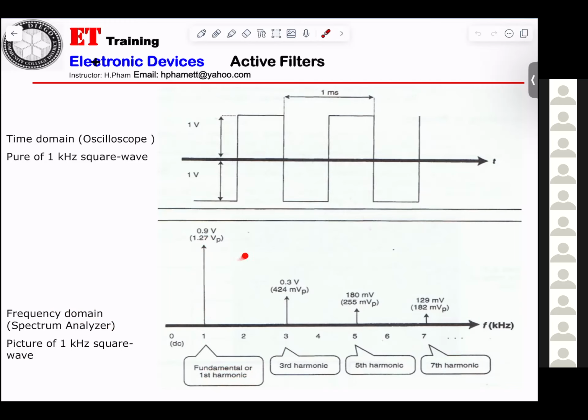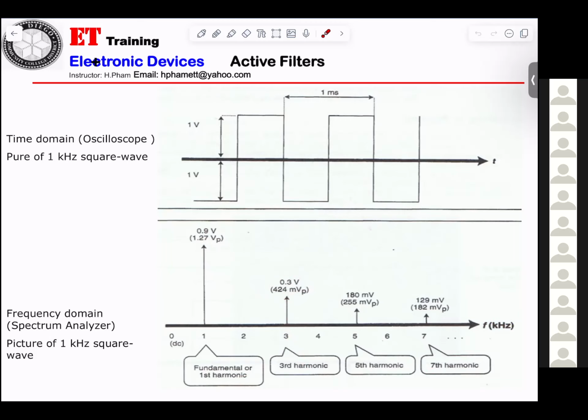They're telling you what the voltage peak is. And second thing, there will be third harmonic, another one with a different amplitude and so on. They keep displaying, okay? 7th harmonic, 9th harmonic, and so on.